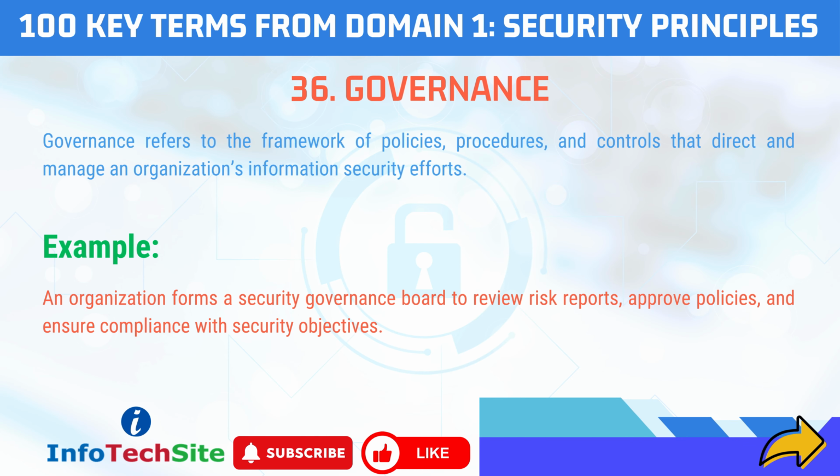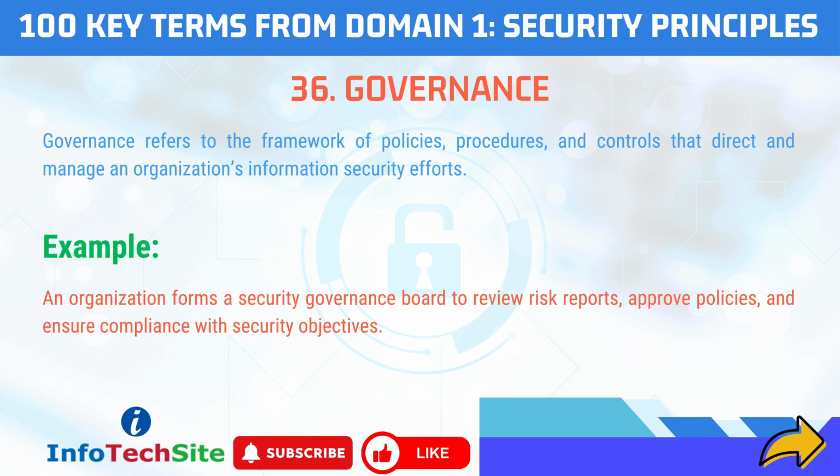Governance. Governance refers to the framework of policies, procedures, and controls that direct and manage an organization's information security efforts. An example includes: an organization forms a security governance board to review risk reports, approve policies, and ensure compliance with security objectives.